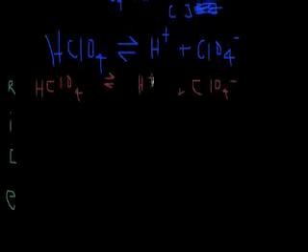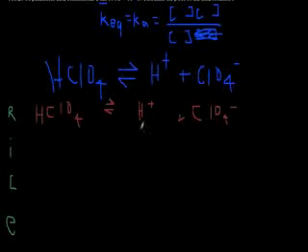Let me explain why we need to find H plus. We want to find the pOH of this solution. One way you can find the pOH is if we have the concentration of OH, which we can find if we first find the concentration of H plus. So let's find the concentration of H plus using this RICE chart.